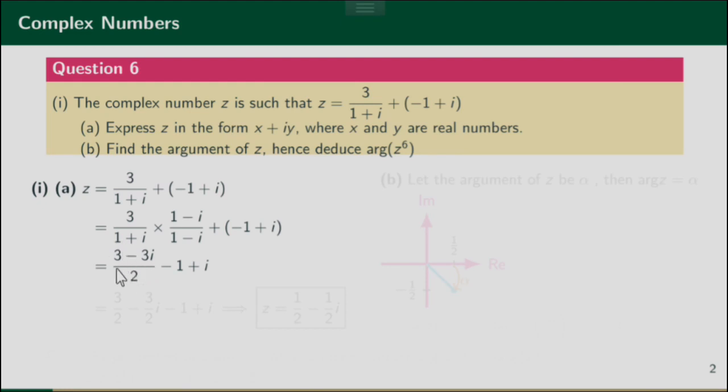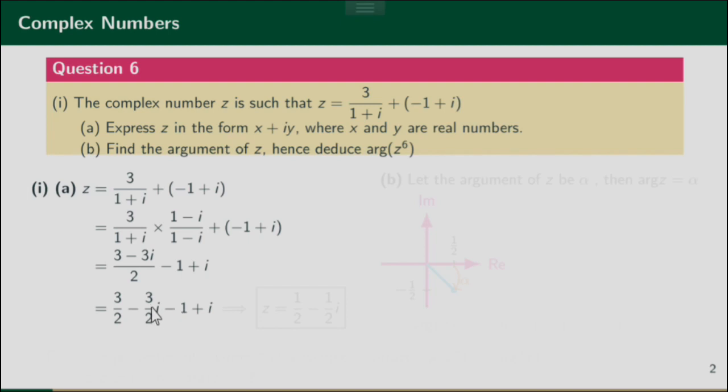Then I'm going to separate this numerator into two fractions to obtain 3 divided by 2, minus 3 divided by 2 i, minus 1, then plus i. At this point, I have to bring the real part and the imaginary part together. So the real part here is 3 divided by 2 and negative 1.